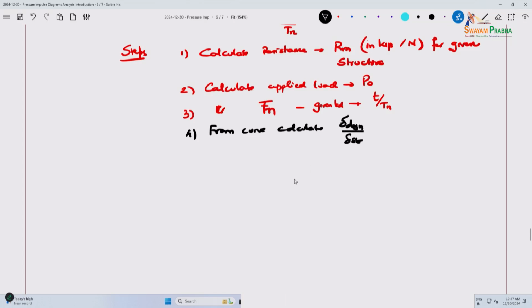And delta static is typically P naught divided by the elastic stiffness. Again, these are all for design purposes.